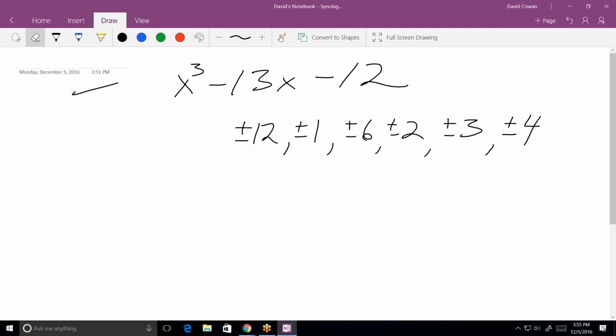I've listed them all there. Now, to determine which one works, we're going to do synthetic division, and we're going to hope we get a zero remainder. If we do not get a zero remainder, it is not a factor. That's by definition. That's the zero remainder theorem.